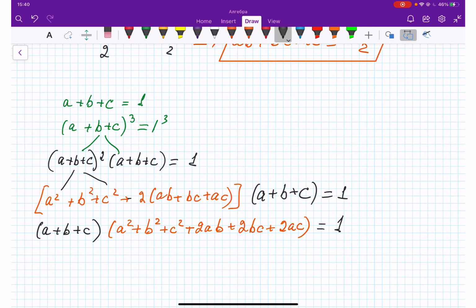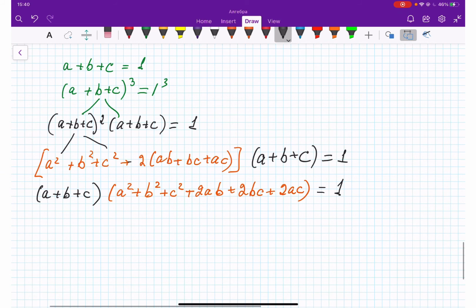Wish me good luck not to slip and make some silly mistakes, because math and silly mistakes go hand in hand, as you know. And I'm not telling you any news. So how am I going to multiply?